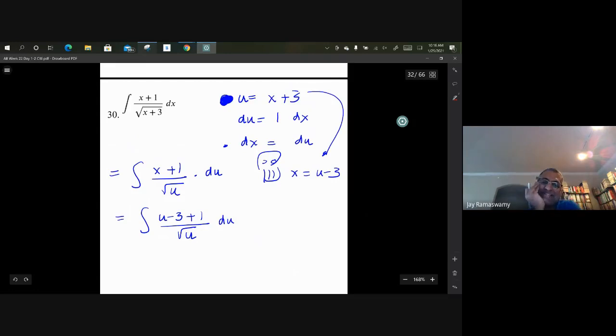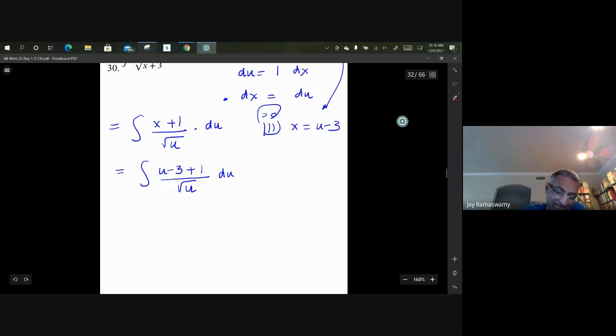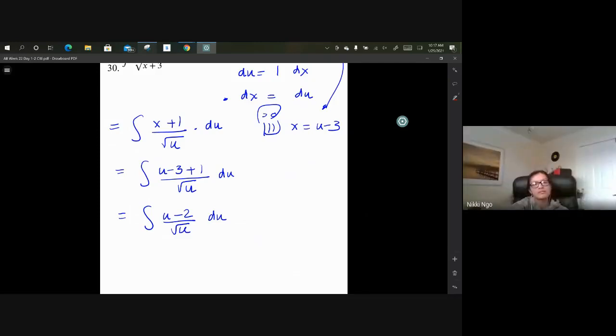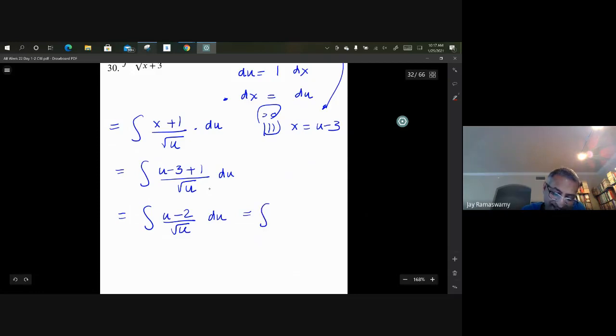Is everybody okay there? Can you see only u's appeared? Okay, let's simplify this. Is that u minus 2 over radical u? Who remembers from the first semester how we did that problem? Separate, split it up. Is that u over radical u? Yes.